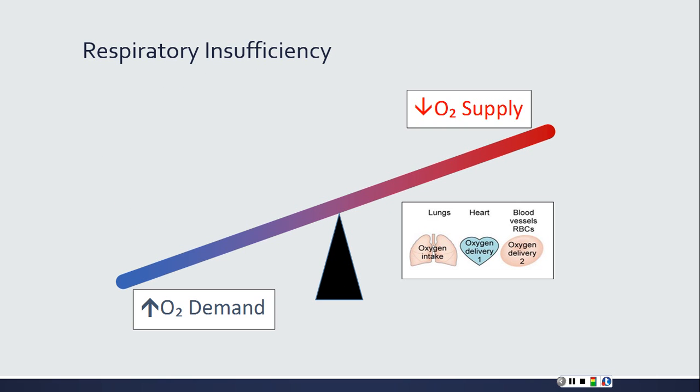So if the body cannot meet that oxygen demand, what happens? Distress. You'll still see the body trying to increase supply, but if something is preventing that, then we have a problem.